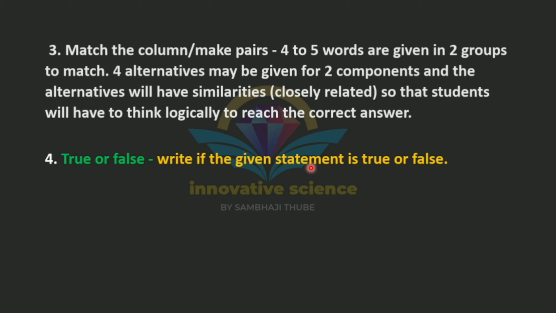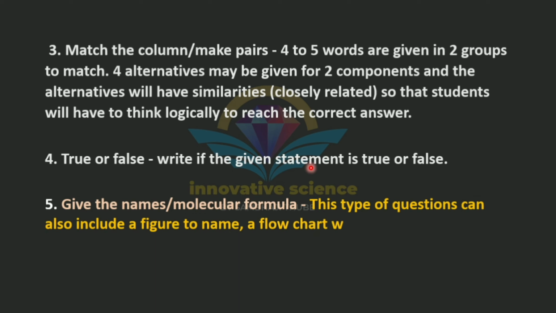If you confidently know the right statement, then you have to write it on your answer book. Then next type of question is give the names or molecular formula. This type of questions can also include a figure to name or a flow chart with a blank.